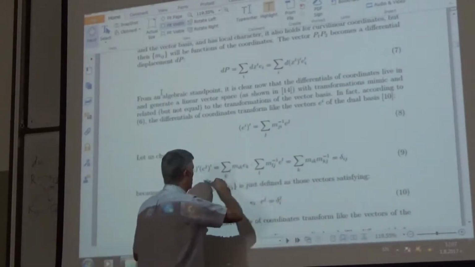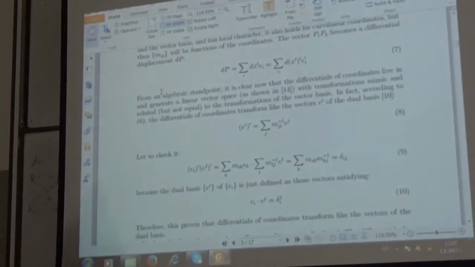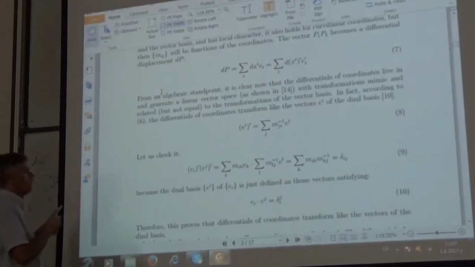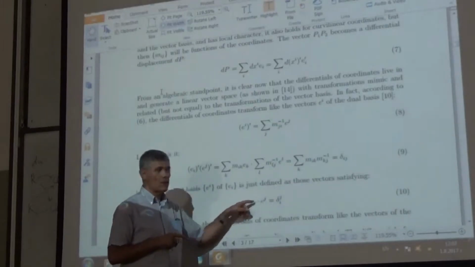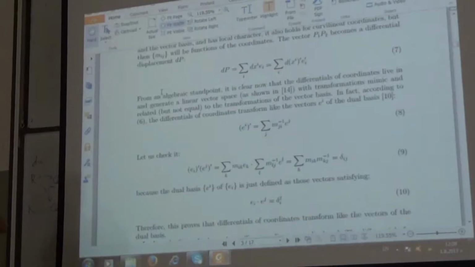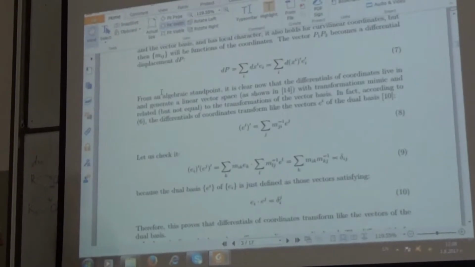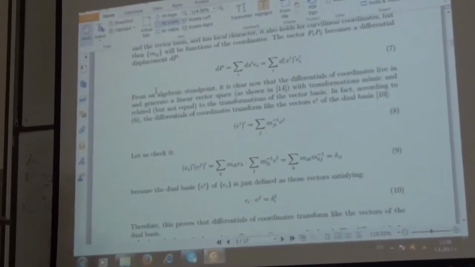We can check this. Okay? The dual basis is a basis of vectors in which each vector multiplied by the other vectors of the basis gives 0, except for its own, which is 1. In three dimensions, this means take the plane of two vectors and take the perpendicular direction. This is the concept of dual basis we have.